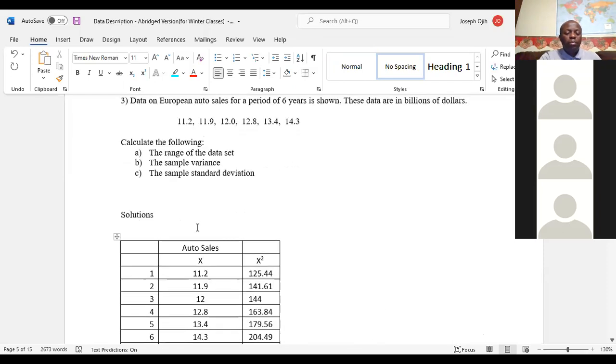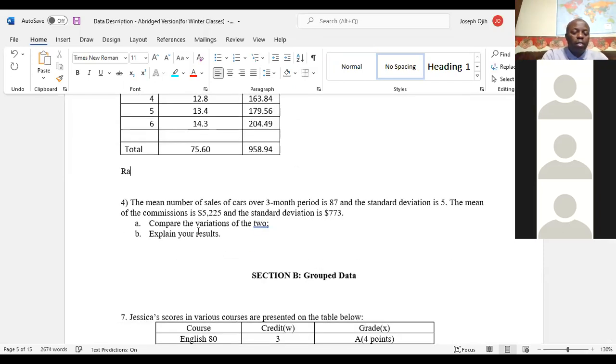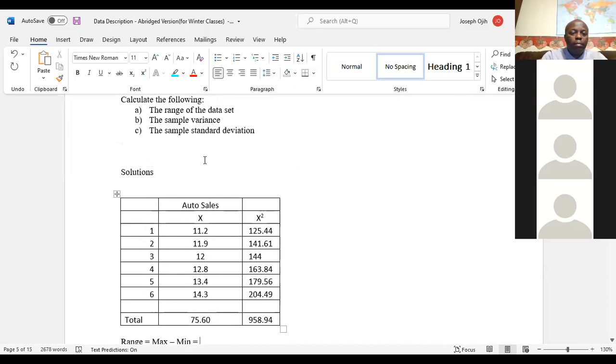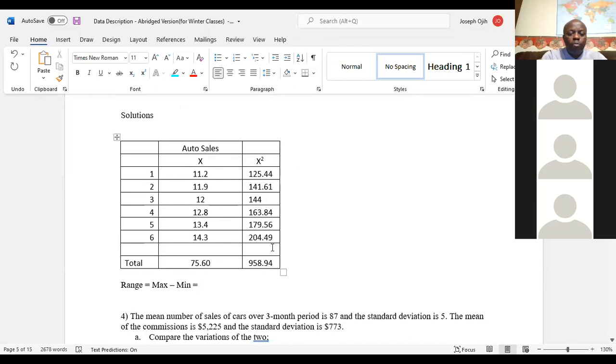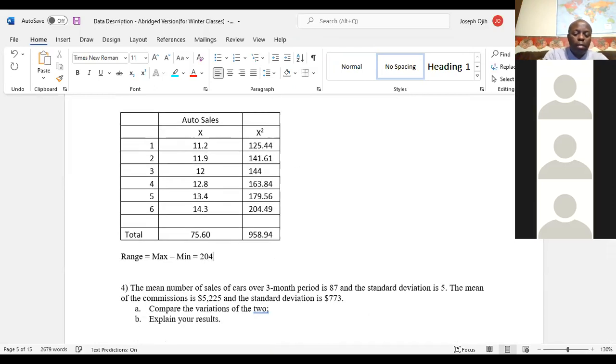So, find the range. Range is maximum minus minimum. And our maximum here is the largest, 204.49, minus the minimum, the lowest, I believe it is 125. Oh, actually, sorry, I'm using the wrong number.